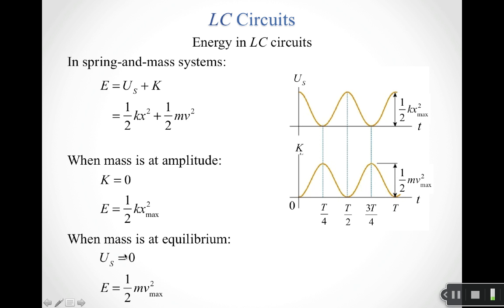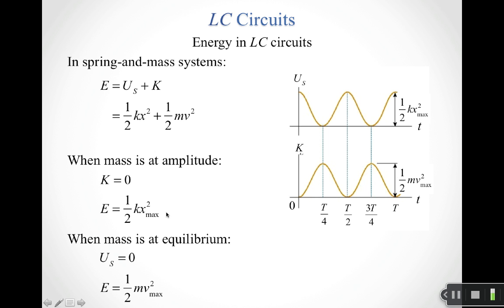When the mass was at equilibrium, the opposite was true. At equilibrium, the elastic potential energy is 0. That's this point, when it's gone 1/4 of the way, or 3/4 of the way, through the period. Now all the energy is kinetic energy, and the total energy stays at exactly this value.